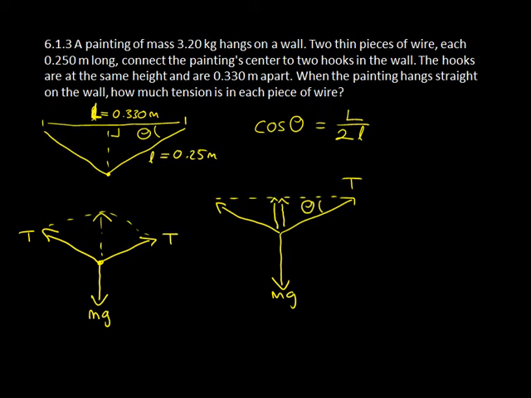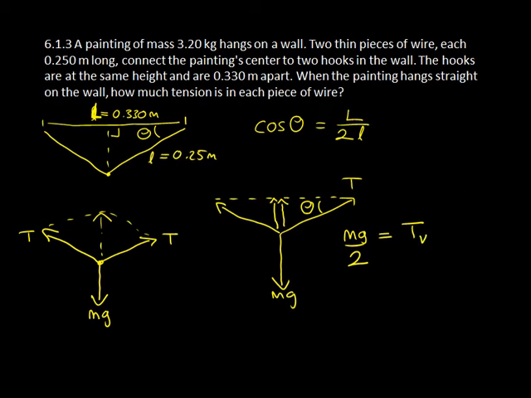So this component only has to be half of the weight. So mg over 2, half of the weight pulling down, has got to be equal to the component of T that pushes upwards. I'll call that TV, T vertical, the component that pushes upwards.